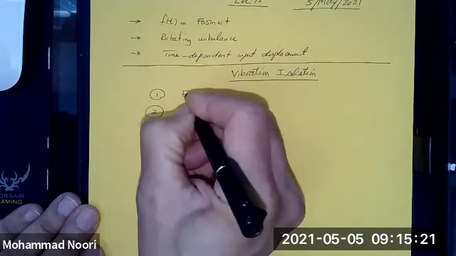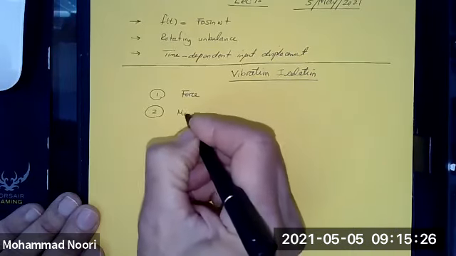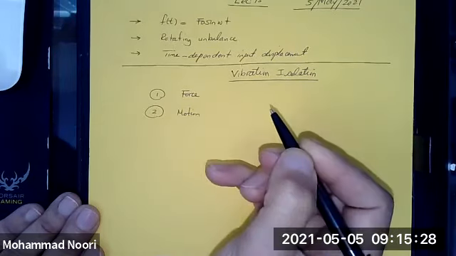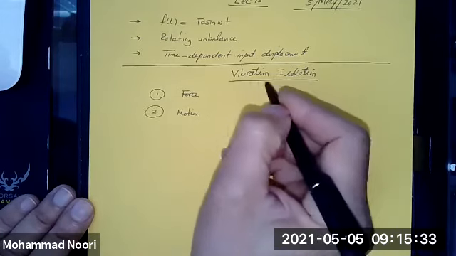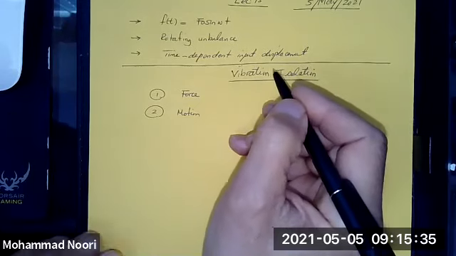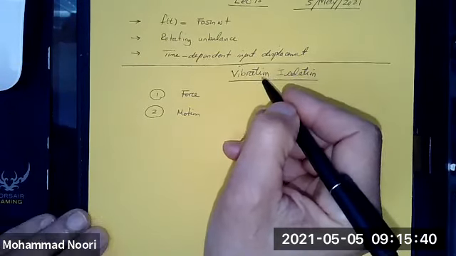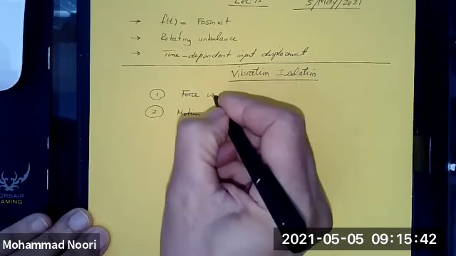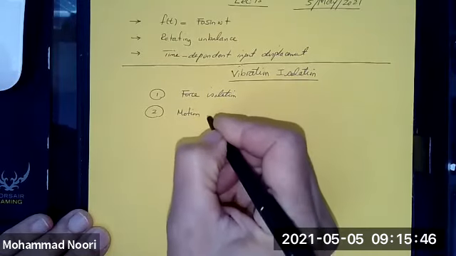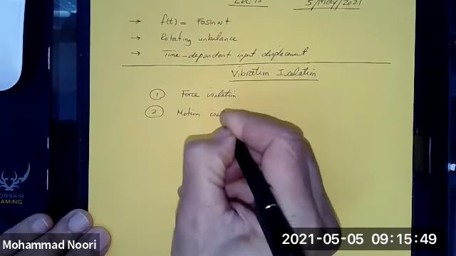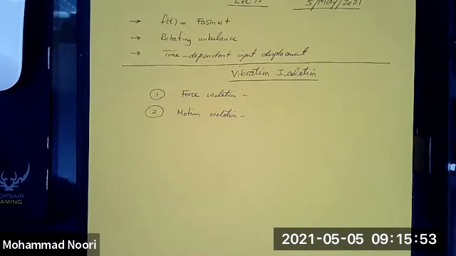Either a force causes the disturbance or a motion, meaning some kind of a displacement. So we're going to look at a strategy to isolate either the effect of the force or the effect of motion. Okay, how do we do that?